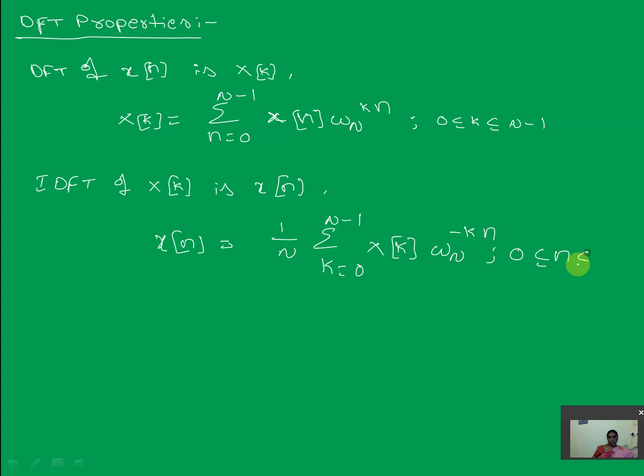Here n ranges from 0 to N minus 1. Firstly we concentrate on DFT properties like periodicity, linearity and symmetry properties.